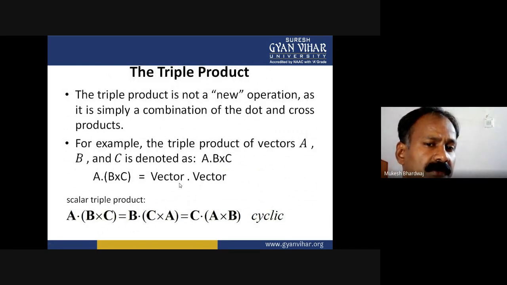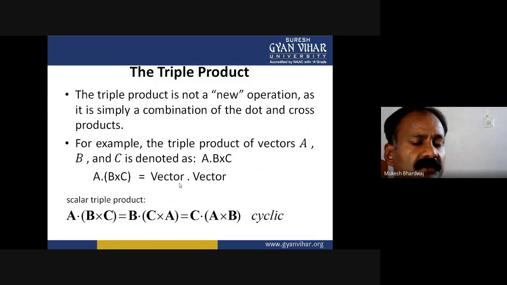The triple product. The triple product is not a new operation as it is simply a combination of the dot and cross product. For example, the triple product of vectors A, B and C is denoted as A dot (B cross C). So vector dot vector gives a scalar triple product.